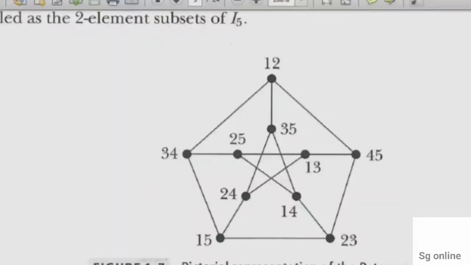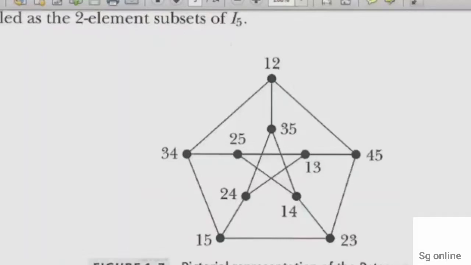How can we prove that the degree is actually 3? Because we are taking a 5-element set and one vertex is represented by a 2-element subset, so three other elements are remaining. Now the adjacency relation is that the set has to be disjoint from it.